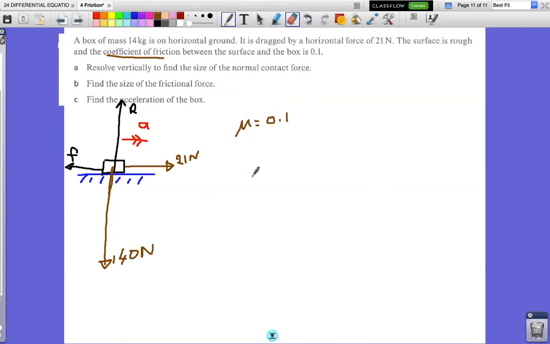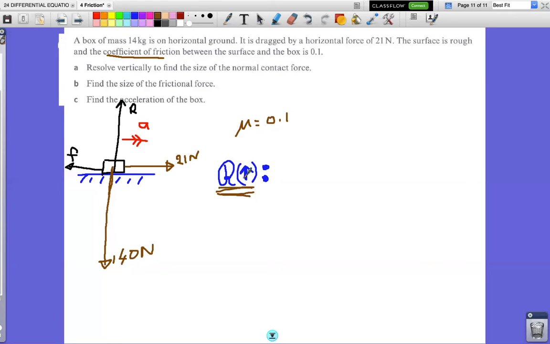Now, we resolve vertically. Hey, this is something I have to tell you guys. When I look at your homework, most of you, when you are resolving your forces, you don't state what you are doing. This is also important. You are telling the examiner what you are doing at this stage.